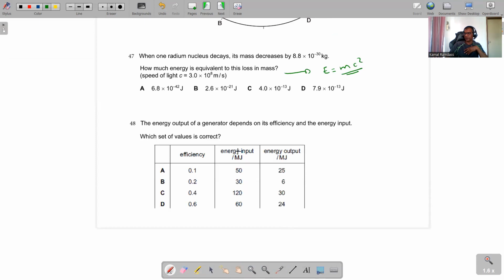The energy output of a generator depends on its efficiency and the energy input. Which set of values is correct?